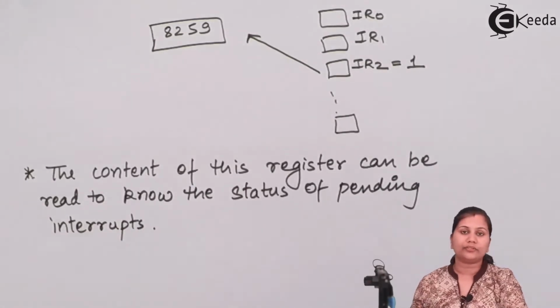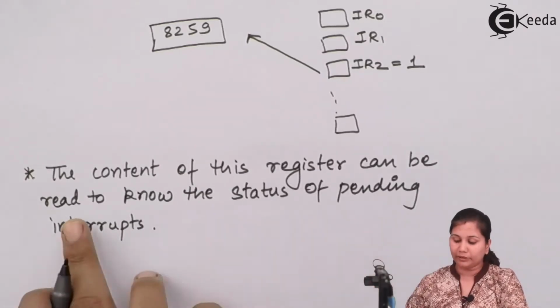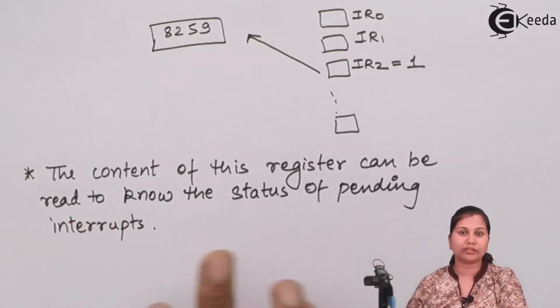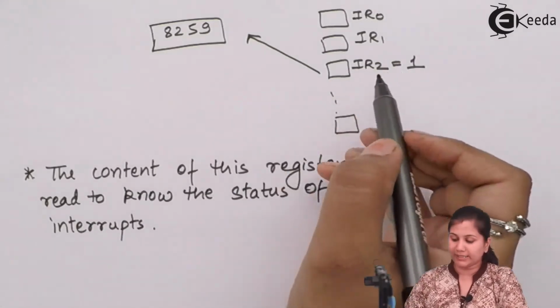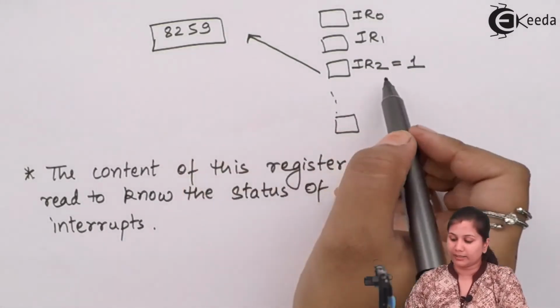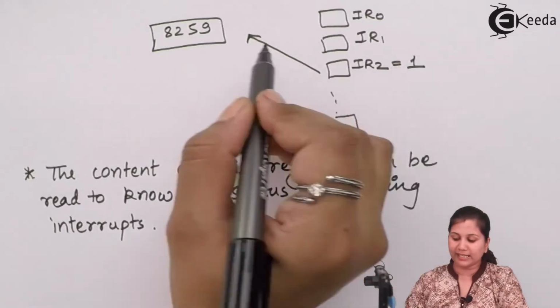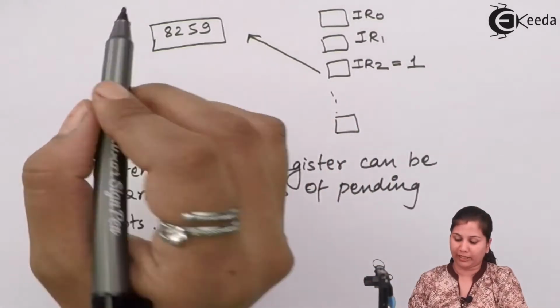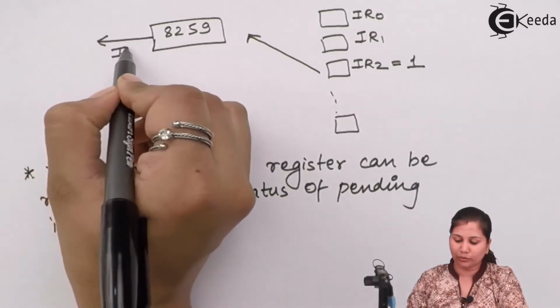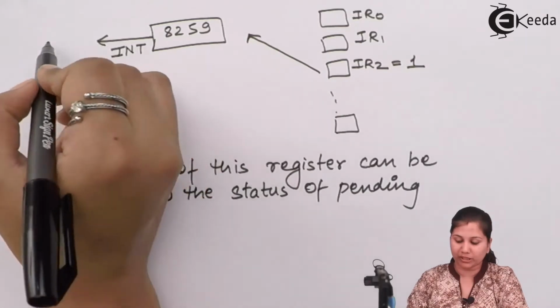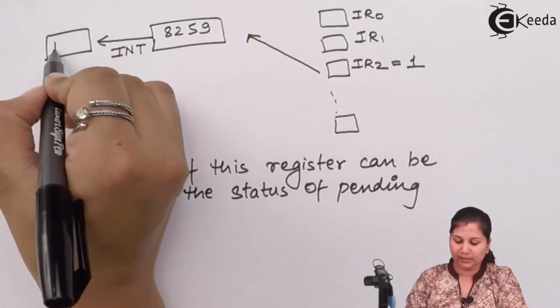The content of this register, the interrupt request register, can be read to know the status of the pending interrupts, that is, which of the interrupts are pending. Suppose that this IR2 input output device is sending the request to 8259, and in response to this request, the 8259 is going to give the interrupt output signal to the microprocessor.